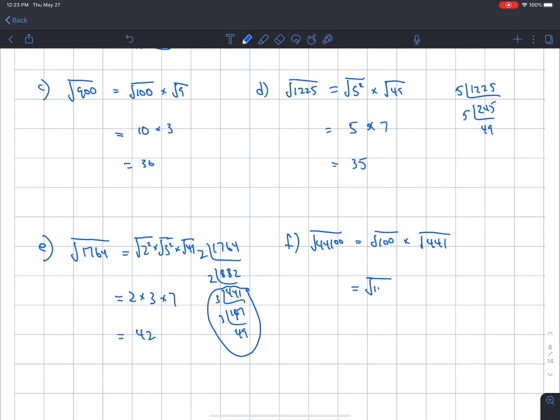So I already know 441 can be broken down into 3 squared times 49. We have done all the work here already. So the square root of 100 is 10, the square root of 3 squared is 3, and the square root of 49 is 7. So we get 210.